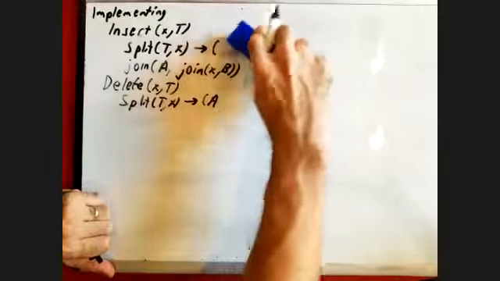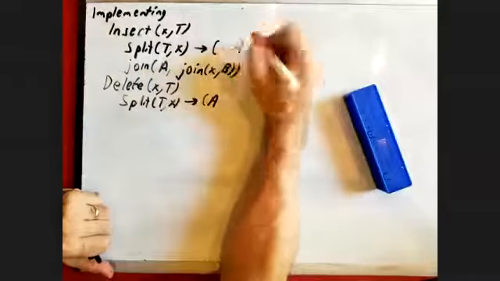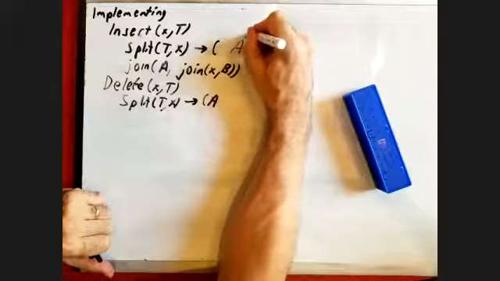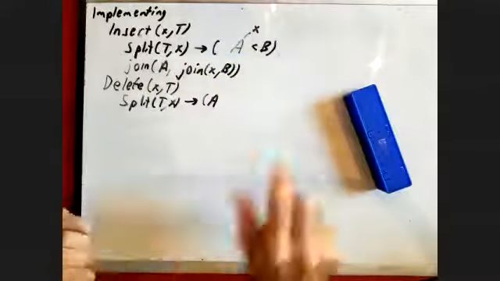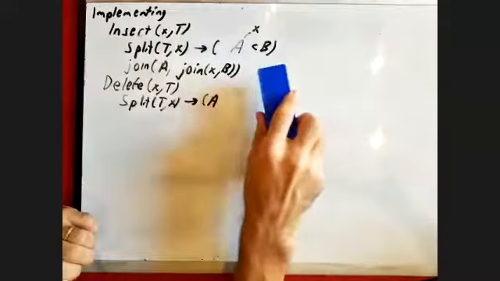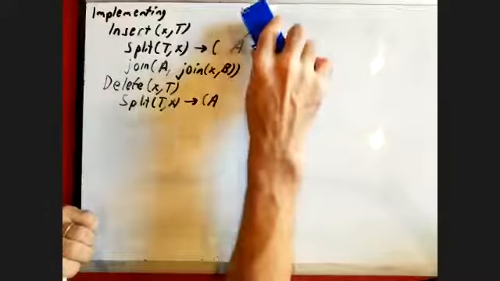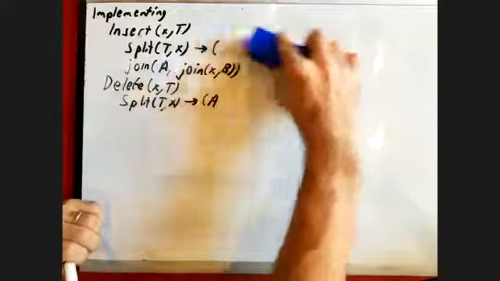So here we're going to have A less than B, and X will be at the top of A because of the split that we just did, right? No, this is right.